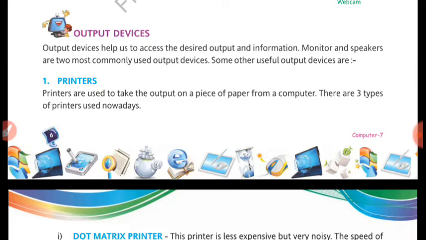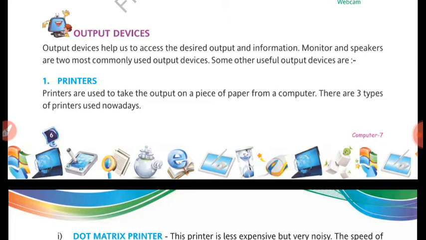Okay, if you know very well how to work on the computer system, then you know what the output devices are, right? First is the printer, which gives us the output in hard copy on paper.